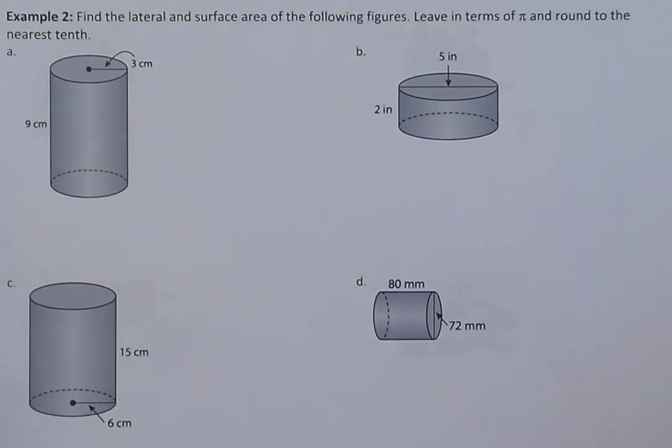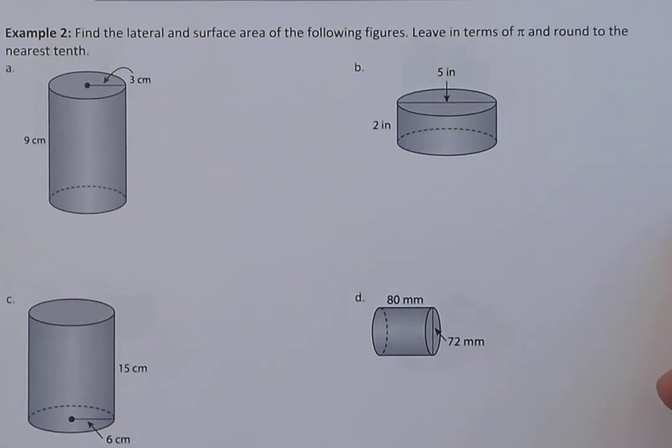All right, example 2, they want us to find the lateral and surface area of the following figures, the cylinders. Leave it in terms of pi and round to the nearest tenth. All right, so let me slide this down a touch.